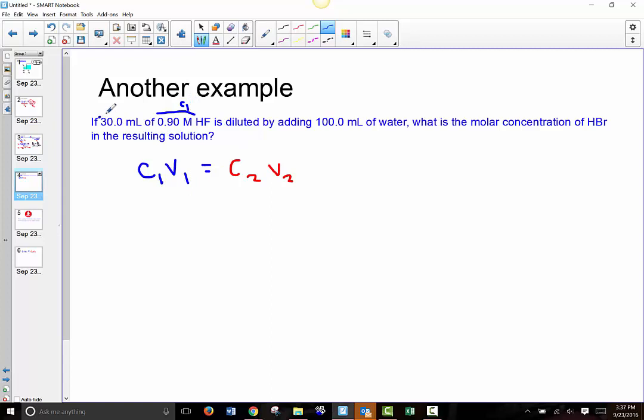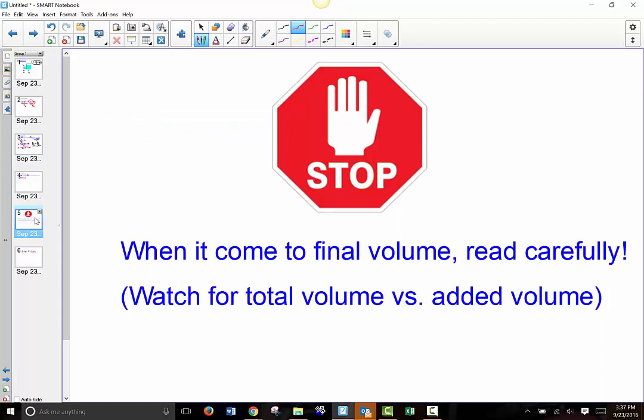And then it's tempting to say right here that this is your V2, 100 mils, but be careful. When it comes to final volume, read these questions carefully. Be aware of whether the question says that the total volume is a certain amount, 100 mils for example, or whether a volume has been added.